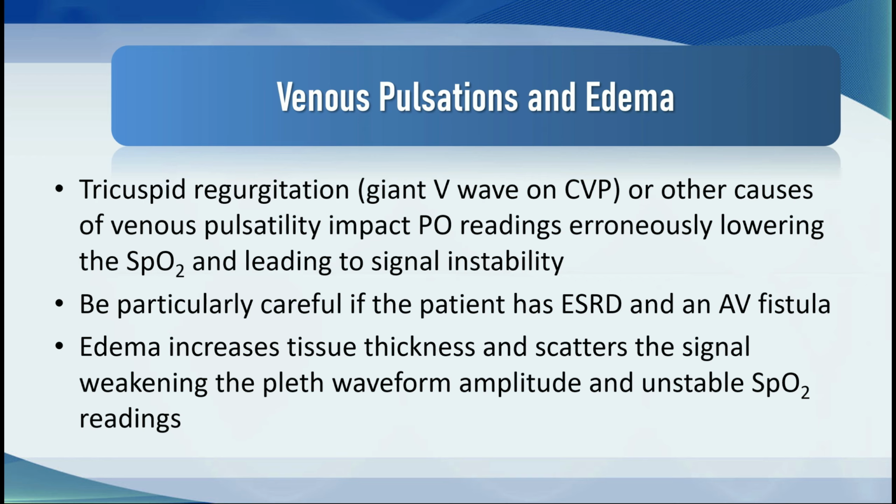Be very careful if the patient has end-stage renal disease and has an AV fistula. Edema increases tissue thickness and scatters the signal, weakening the Pleth waveform amplitude, and there are unstable SpO2 readings. So you need to look for a finger or a toe or an earlobe that is not edematous when placing your probe. Now let's review this tutorial.